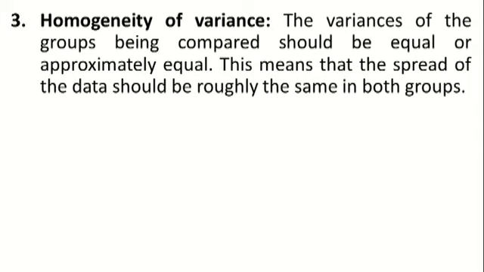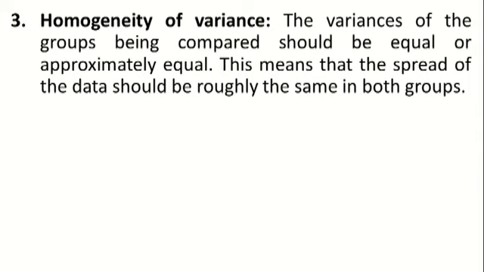Whether you are dealing with a paired t-test or independent t-test, because in both we are using some group data. The homogeneity of variance means that you've calculated the standard deviation of one group, and when you look at the data of that group and the data of the second group, the standard deviation does not differ so much.